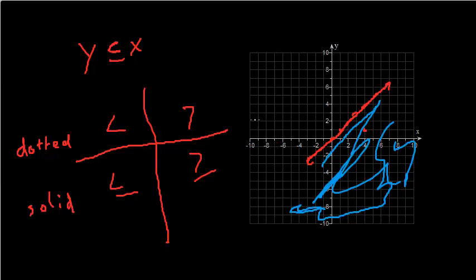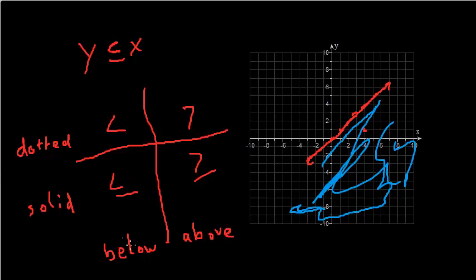Another trick is if I write this in slope-intercept form, that is with the y by itself and on the left side of the inequality, then these symbols can also show me where I can shade. So for less than or equal to, I'm always going to shade below the line, and for greater than or equal to, I'm always going to shade above the line.